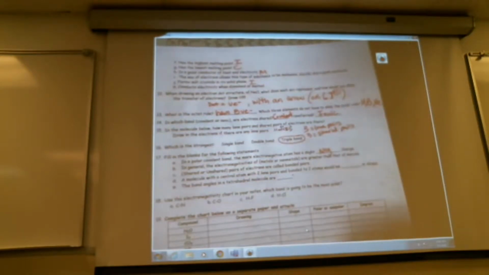In general, the electronegativities of metals or nonmetals are greater than that of metals.